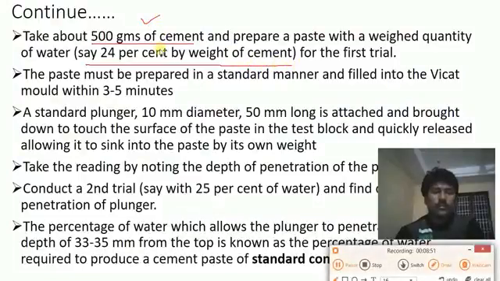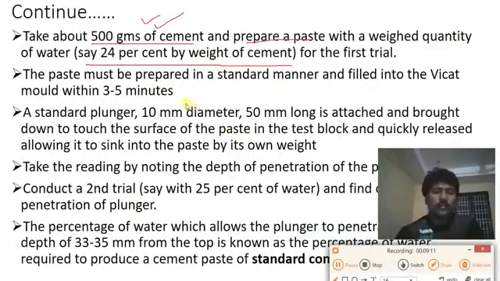So we took the 500 grams of cement, and in that 500 grams, you take 24 percentage of that one. That much amount of water you need to add to the 500 grams of cement. So prepare a paste. Once the paste is prepared, then we're ready for the first try.